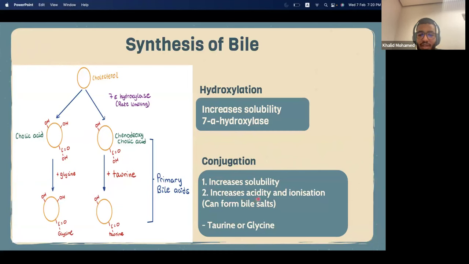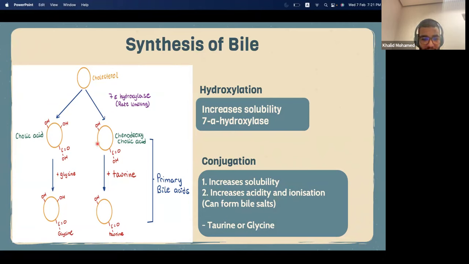And then it also increases the acidity and ionization of the bile acids. Okay, and that's again for the same reason, because they have the amine functional group and the carboxyl functional group, which will increase the solubility, and it will open basically an ion group where sodium and potassium can bind, forming bile salts.